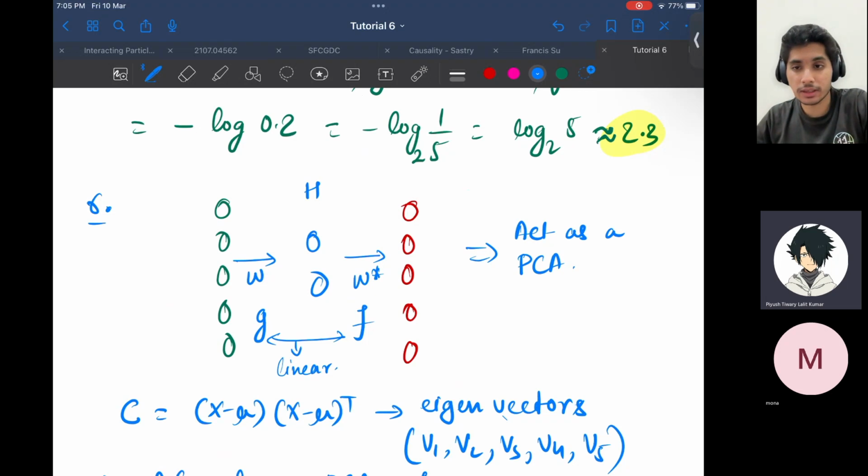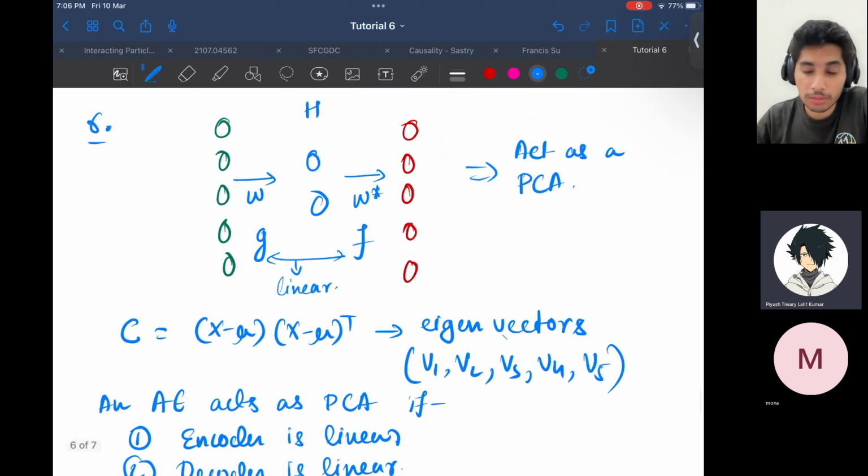If you remember from the lecture, what is the weight matrix that you will learn here? W, what will it be?